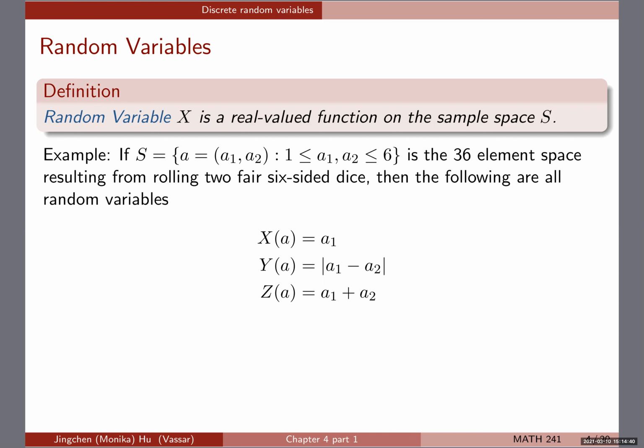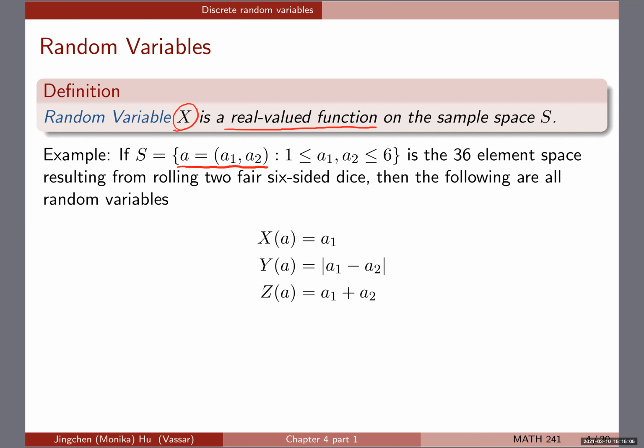A1 is the outcome of die 1, and then A2 is the outcome of the second one. So notice here, we highlight that a random variable is a real valued function. So it's going to be a function. And we're writing here A as the combination of A1 and A2.